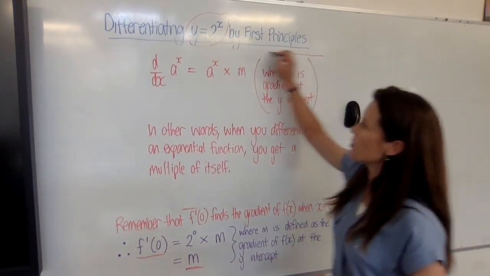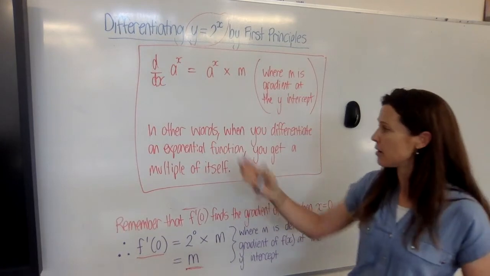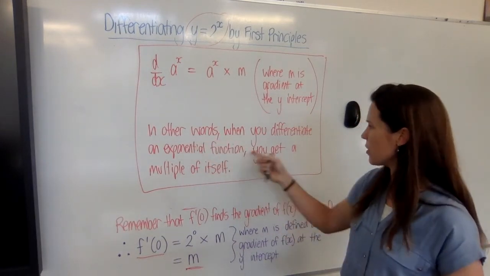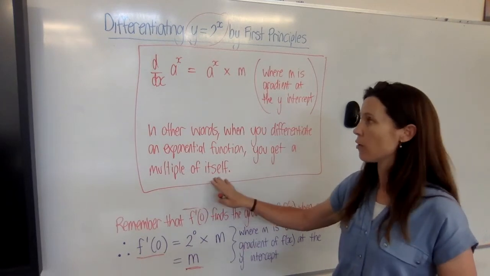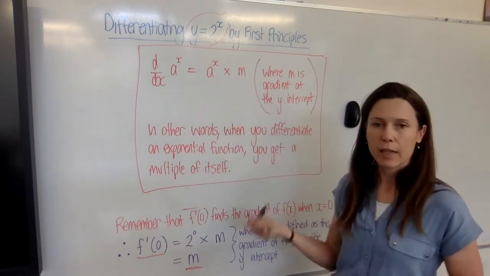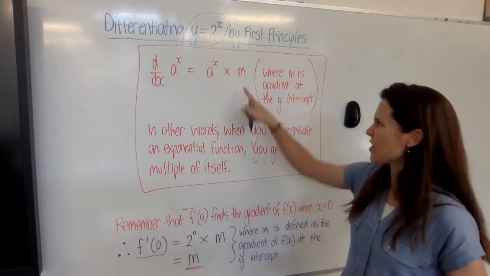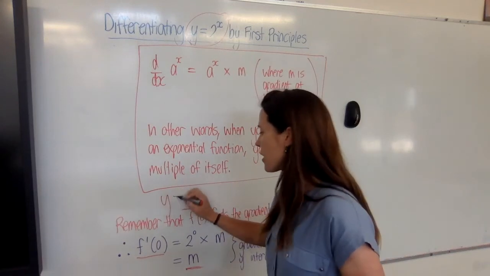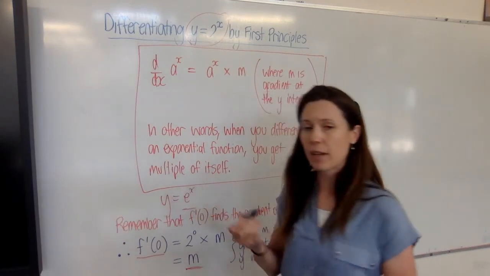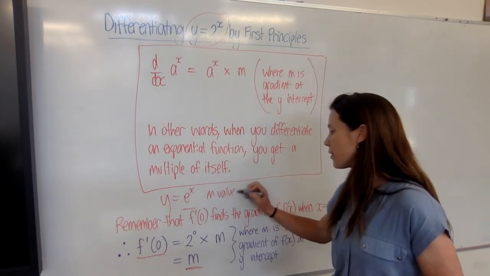So we can put a box around that as a rule that we've learnt, and we can also add a statement. In other words, when you differentiate an exponential function, you get a multiple of itself. Now, it makes sense to study an exponential function that has a really nice m value, and that's where we get the exponential function e to the power of x, because it has an m value of 1.